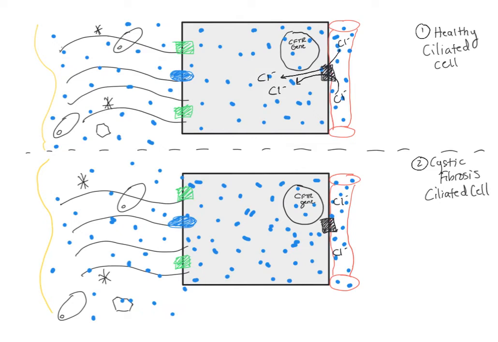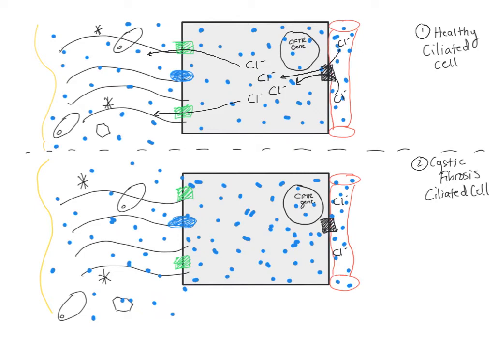As that happens, because we're eating and drinking things that have chloride in them, the amount of chloride in the cell is going to start to grow. But on the other side, remember there's a way for the chloride to get out. We have these CFTR channel proteins.